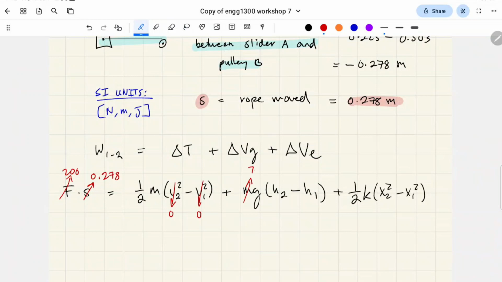The mass was given as 7 kilograms. Gravity is 9.81. I'm going to talk about this in a second, but my rule of thumb is you have a positive value for acceleration due to gravity. I'll explain why in a bit.